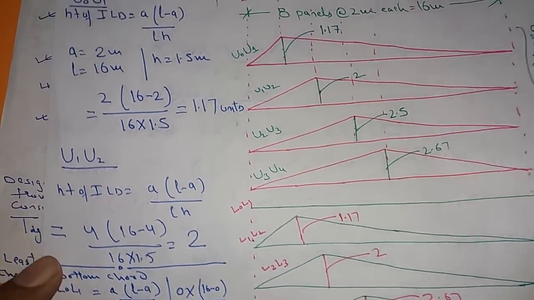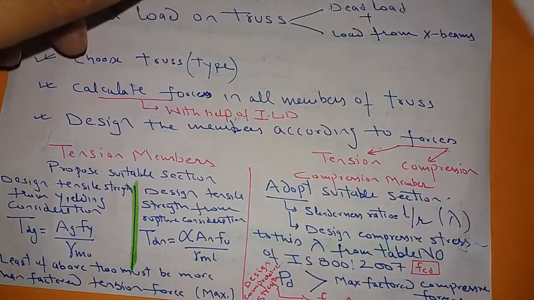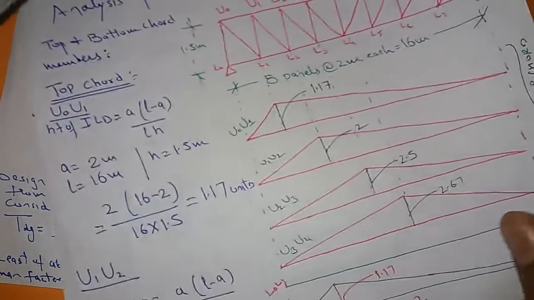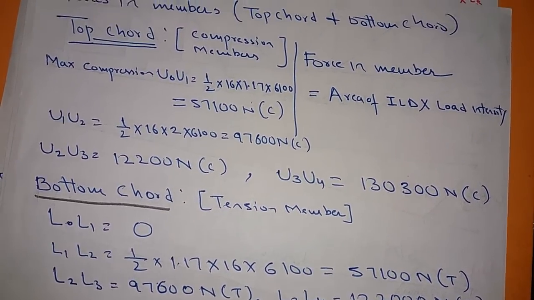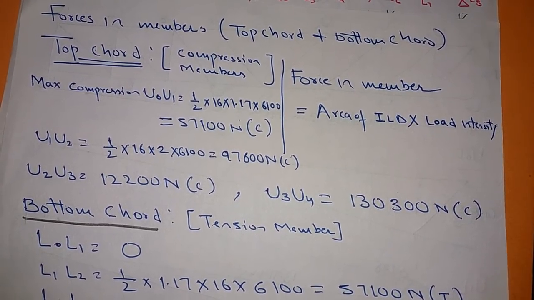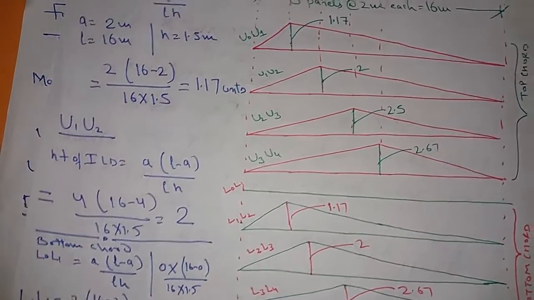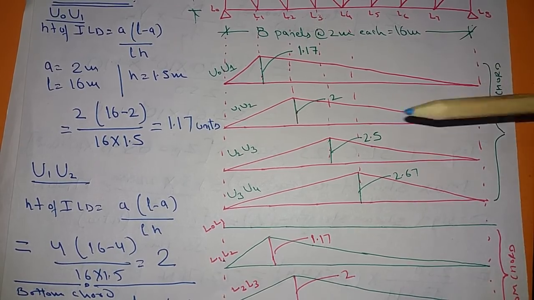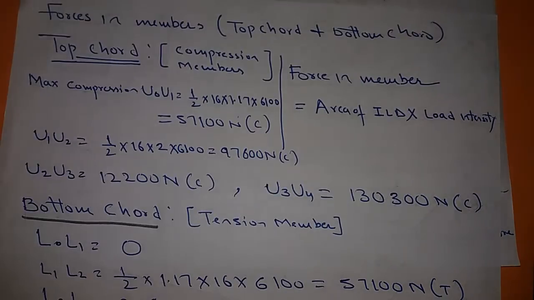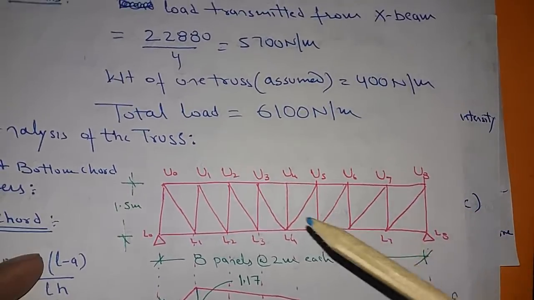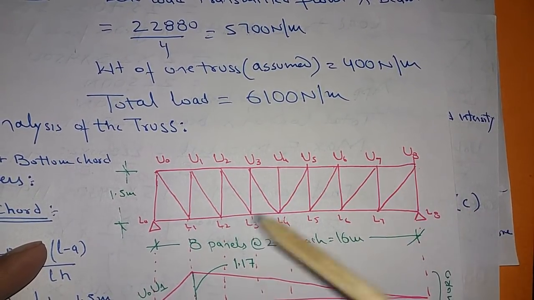Now go for the vertical one. First of all, before starting that, we will discuss how to calculate the forces from this ILD from bottom and top chord. How to calculate forces. Now, as you know very well that the deflection is like this.